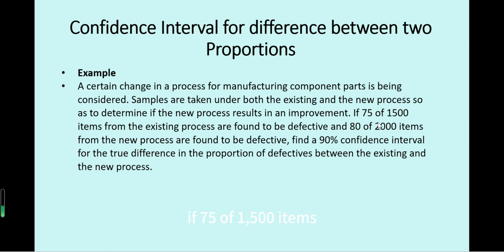If 75 of 1,500 items from the existing process are found to be defective, and 80 of 2,000 items from the new process are found to be defective, find a 90% confidence interval for the true difference in proportion of defectives between the existing and the new process.